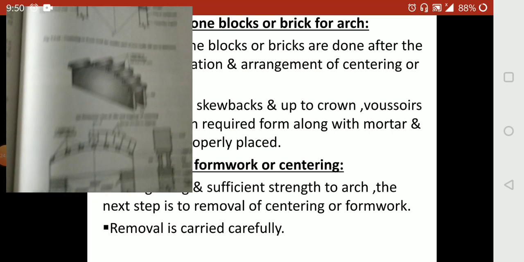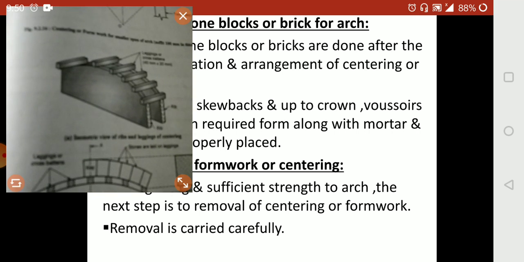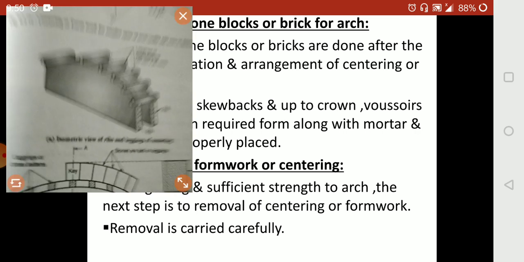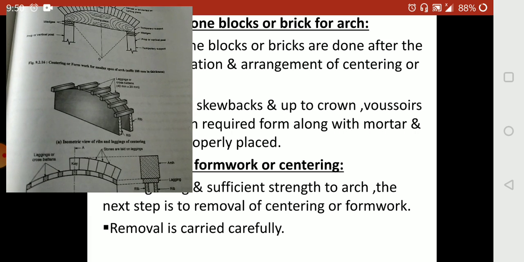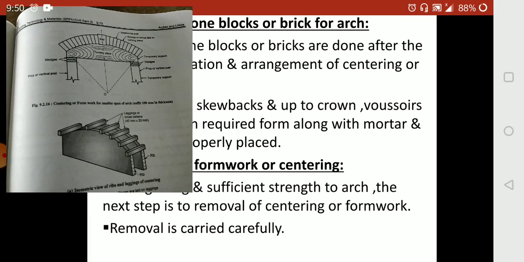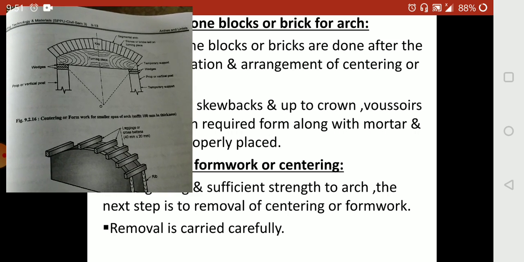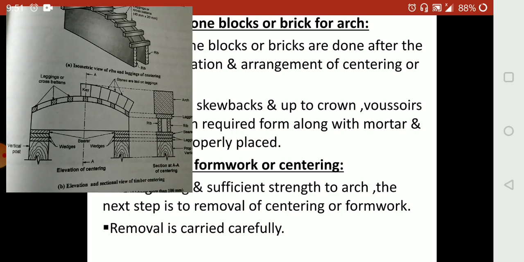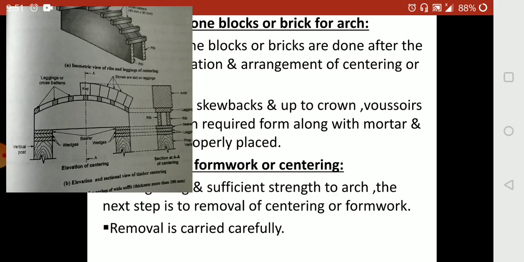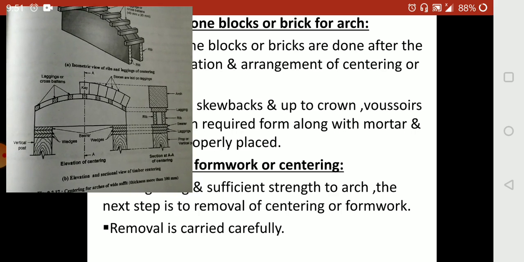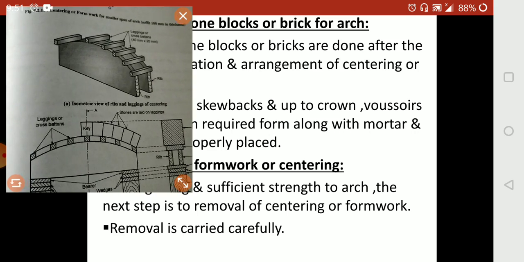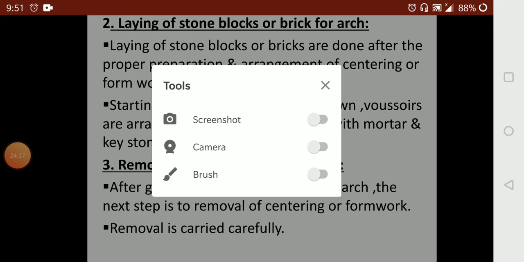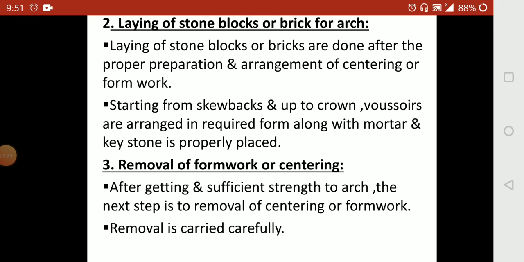You can see here, this is a centering formwork for the smaller span of the arch, and this is the image of the elevation and section view of the timber centering.